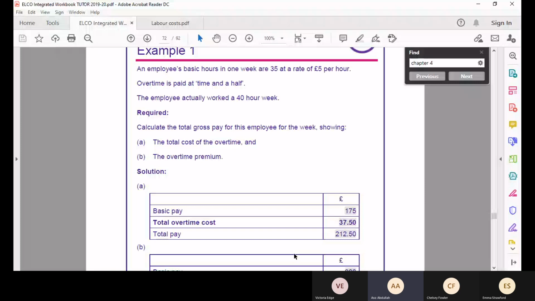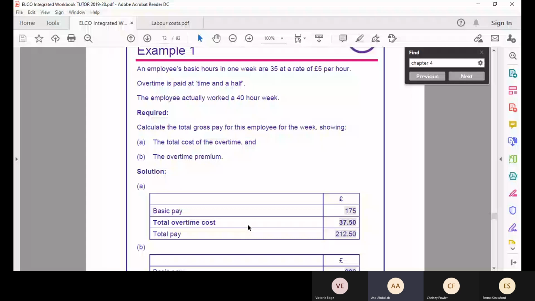Please let me know if you lost me or if you cannot see my screen. So the total overtime cost means 5 times £7.50. Where did we get £7.50?